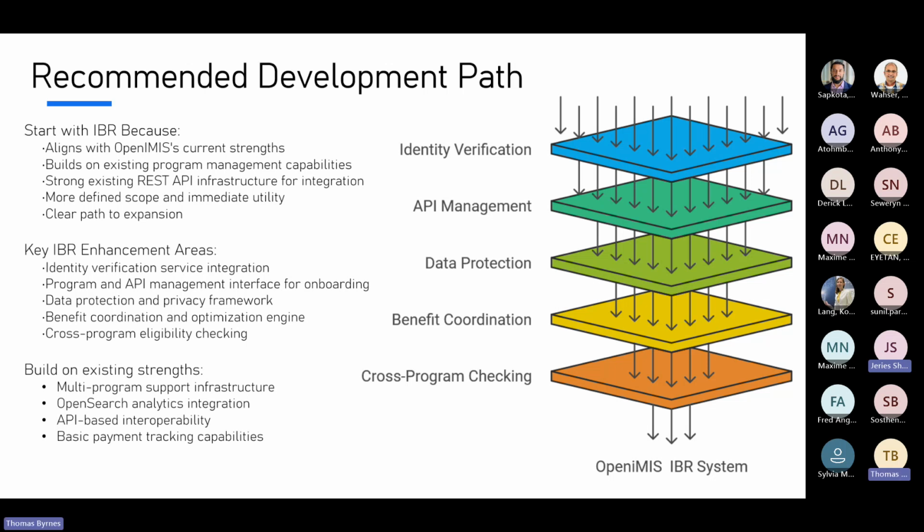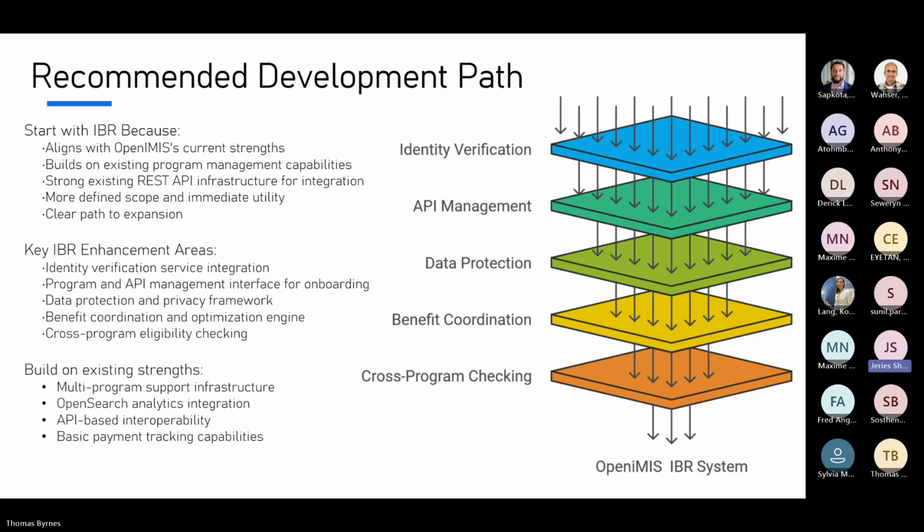Now, what we need to enhance within openIMIS to become an IBR is the identity verification. There is a distinction between verification and validation. We're talking about identity verification to make sure that those individuals are who they say they are, and the system can verify their identity with external sources.